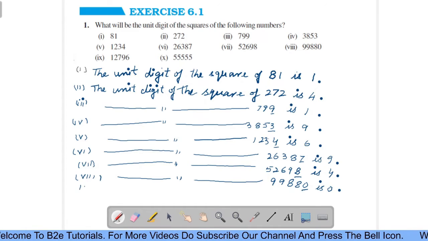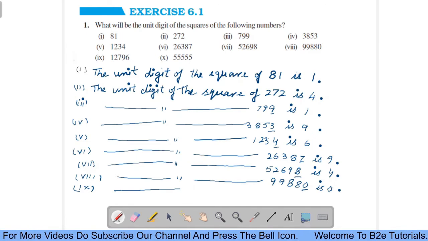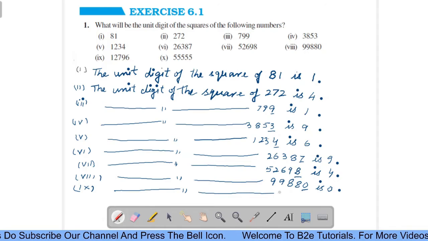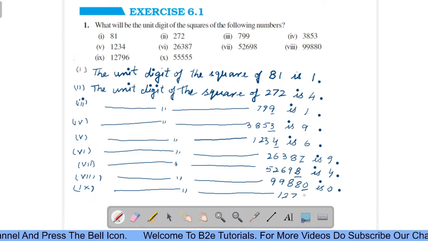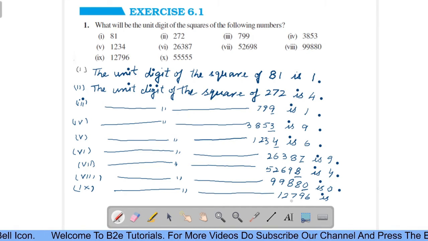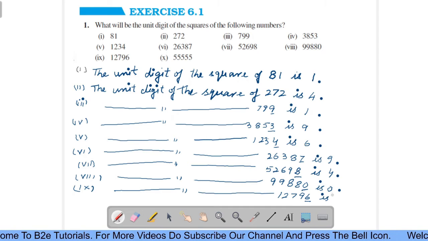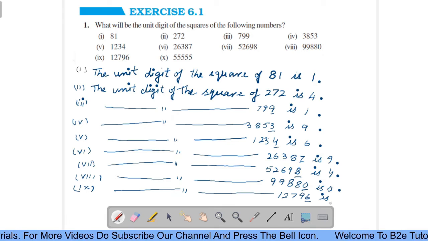Then ninth part, the unit digit of the square of 12,796 is: here the unit digit is 6, the square of 6 is 36 and the unit digit of 36 is 6.